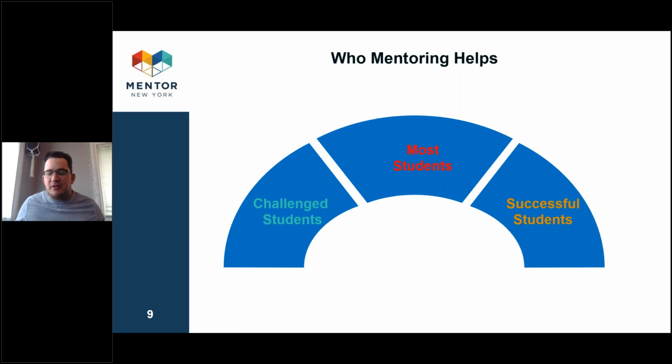Obviously, everyone could benefit from having a mentor, but frequently our ability to serve young people is limited, right? Our capacity is limited. And so having a clear idea of who we're going to serve, who our program is most going to benefit, and who we're going to target is really going to help make those decisions about, we have a waiting list of 50 kids to get into our program. Which ones am I going to let in next?